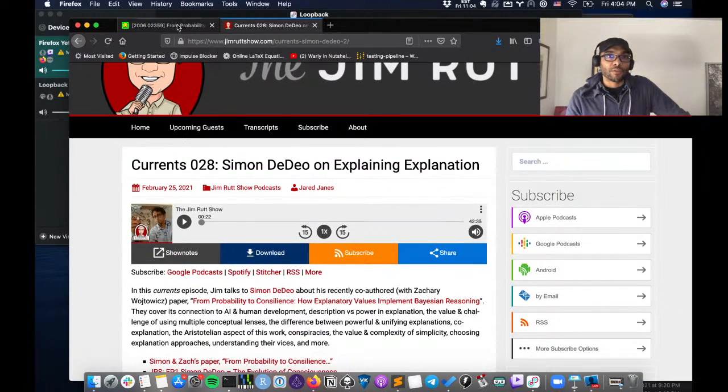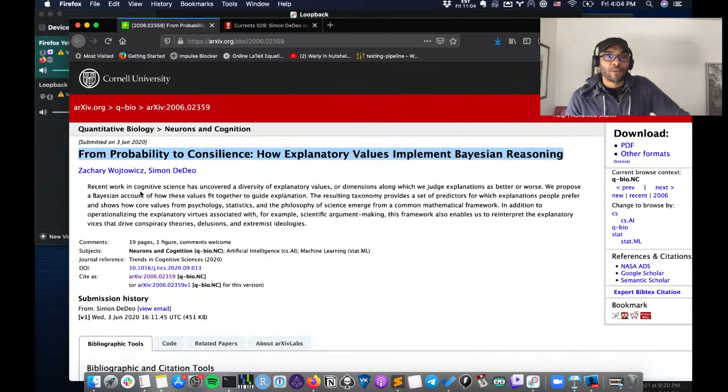Let's actually look at the abstract. Recent work in cognitive science uncovered a diversity of explanatory values, or dimensions along which we judge explanations as better or worse. We pose a Bayesian account of how these values fit together to guide explanation.